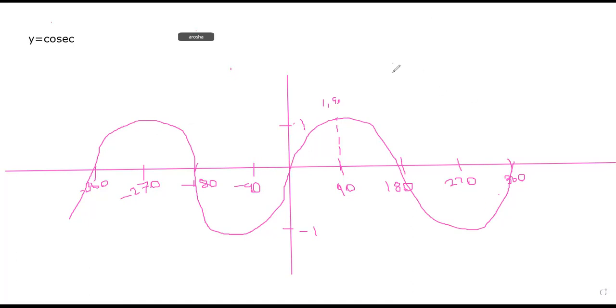I'm going to draw a dotted graph from 0 to 180, then 180 to 360, and 0 to 180. So from here to here to here.